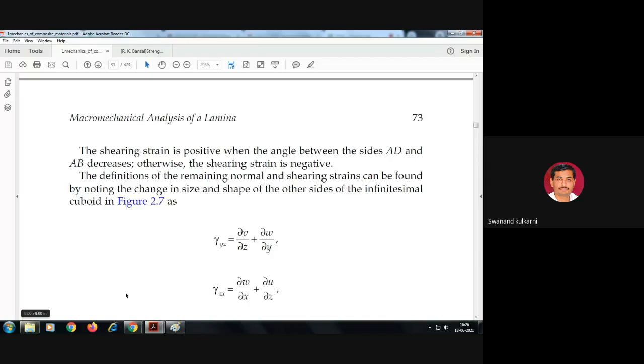While carrying out macromechanical analysis, there are concepts we have already studied in solid mechanics, analysis of mechanical elements, or strength of materials. We have certain assumptions in those.